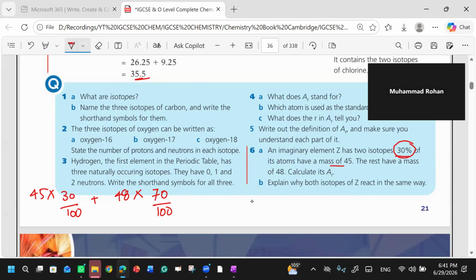Now can you calculate this and let me know what is this?